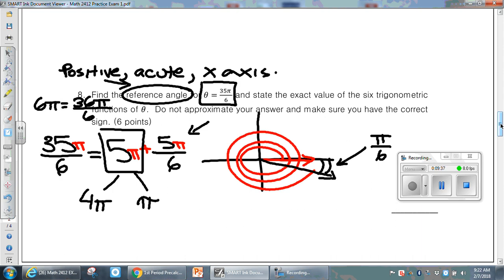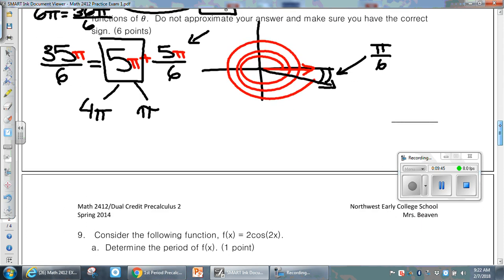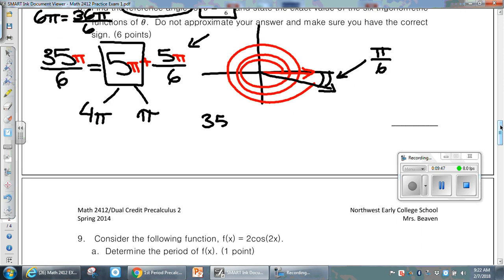You could also do something like, to the 35 pi over 6, you just keep subtracting multiples of 2 pi. Let me see, if we subtract 12 pi over 6, let's just do like 24 pi over 6.